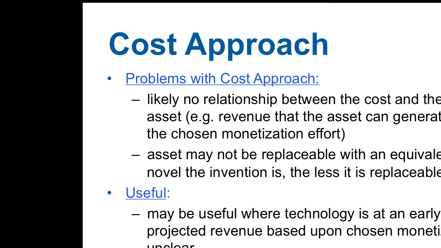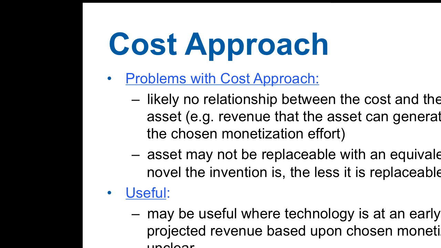Second problem is the asset may not be replaceable with an equivalent. You come up with a concept that's novel, you got a patent on it, by definition, it shouldn't really have equivalent technologies. I know there are similar technologies that do similar things, but it's unusual for the most part to be able to say this technology is so close to mine that the cost to get to the other one is X, Y, Z, and I'm done.